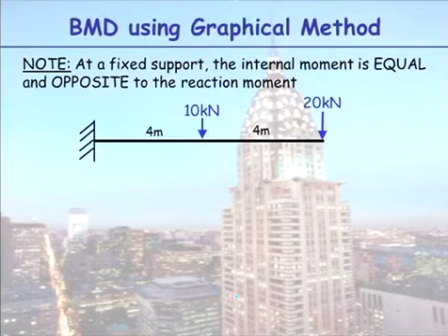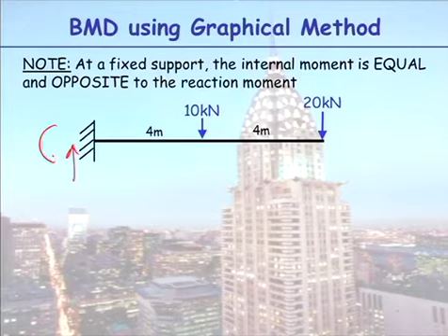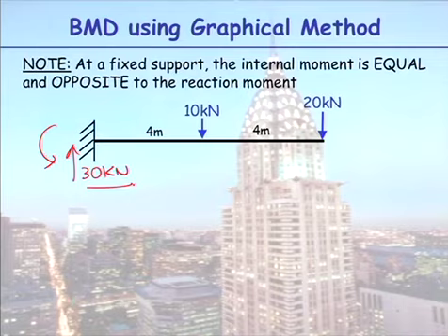Now for cantilevers, whether you need them or not, I would calculate the reactions. What's our reaction force equal to? Vertical force? 30? And what's our reaction moment equal to? Call that A, AM.